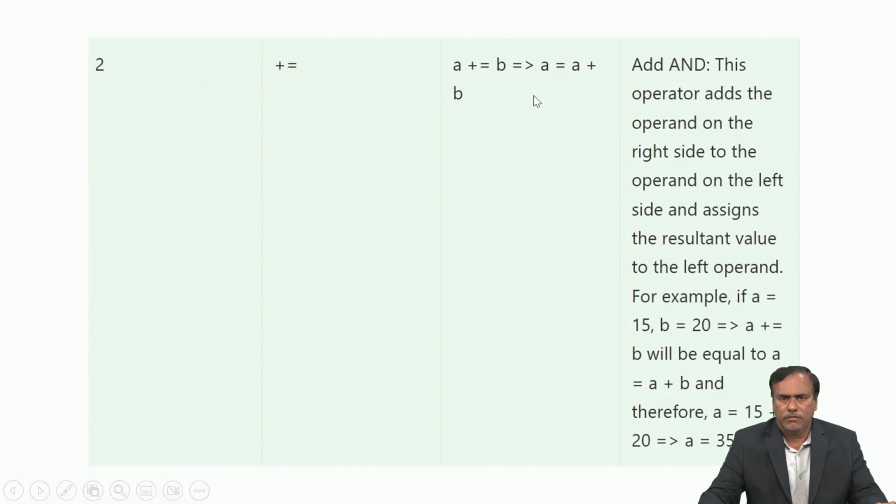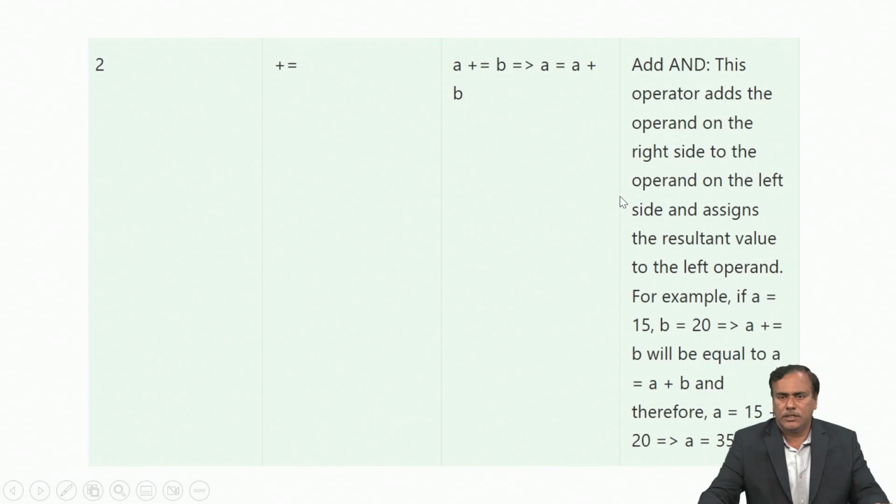The values of a and b are added, and the result is assigned to the left side operand. So a plus equals b can be rewritten as a equals a plus b. So this a is going to get a new value.